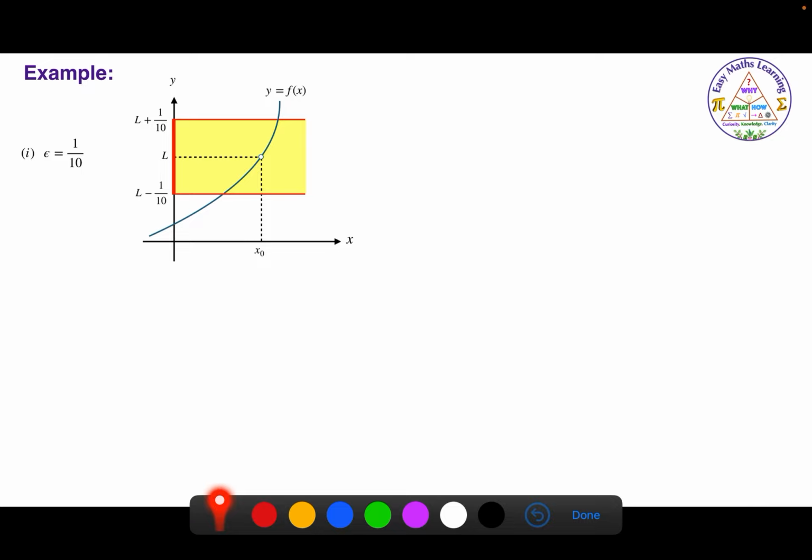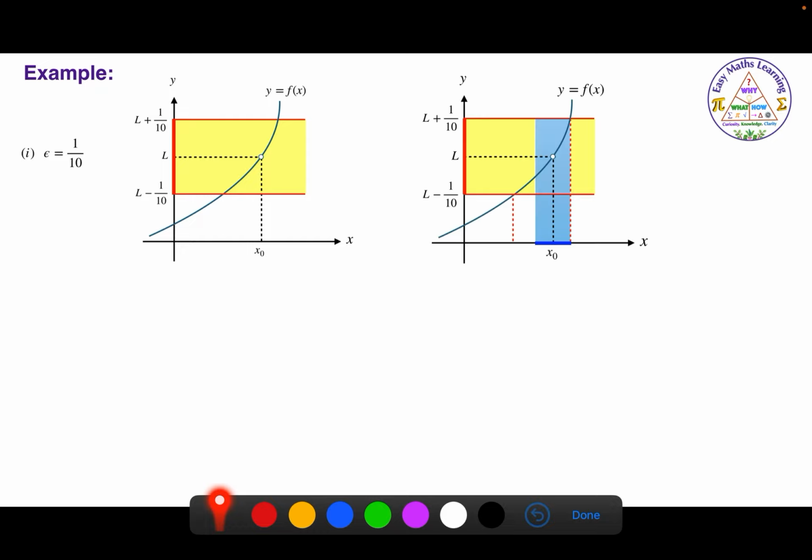Now we find the values of x for which function values lie within this epsilon band. See here, this epsilon band for function values corresponds to the interval AB.